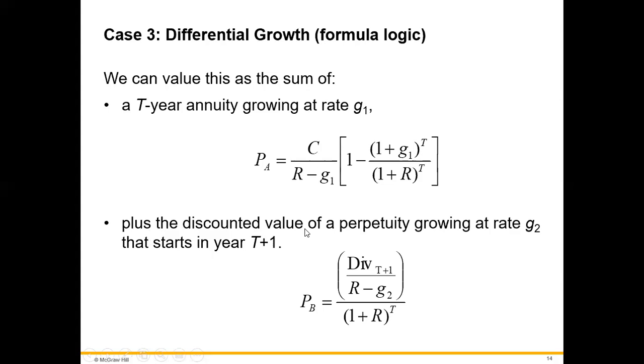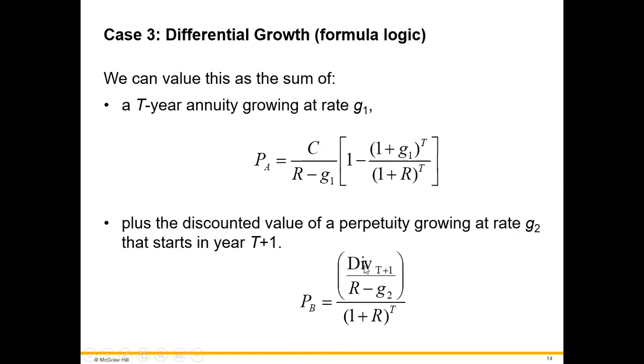the present value or discounted value of a perpetuity growing at rate G2, which is our second growth rate, that starts in the first year after our first growth rate stops. So this part of the price is considered price A up top. The second bullet is considered price B. We add price A and B together to get the total stock price.